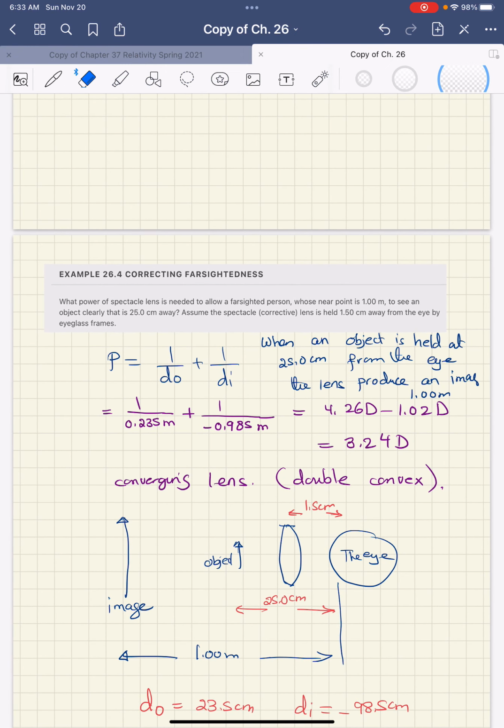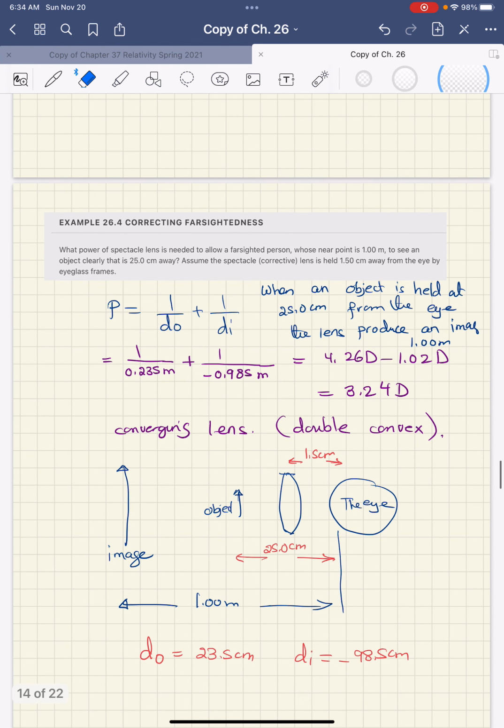Here is another example: what power of lens is needed to allow a farsighted person whose near point is 1 meter to see clearly an object that is 25 centimeters away? And again, the lens is 1.5 centimeters from the eye.